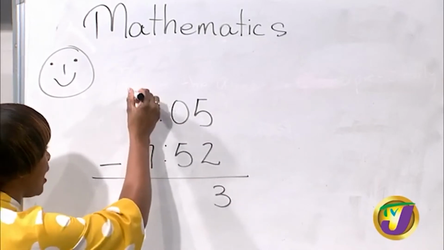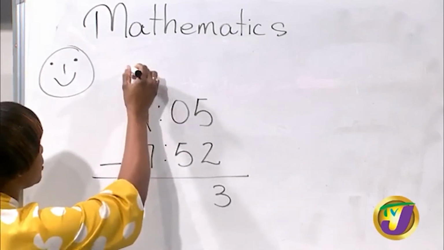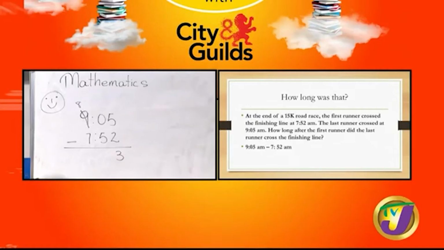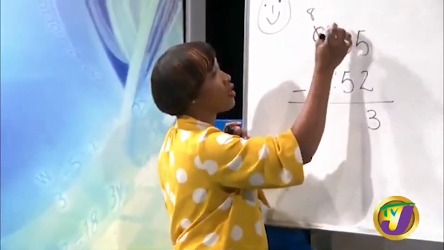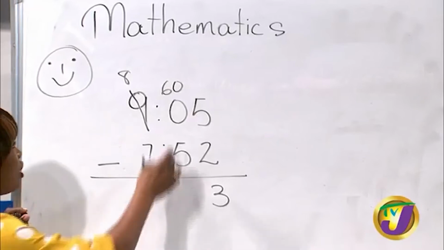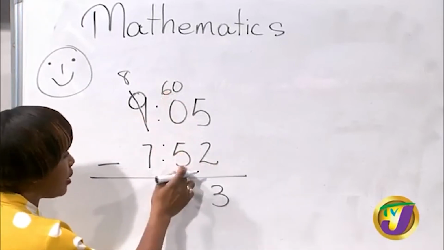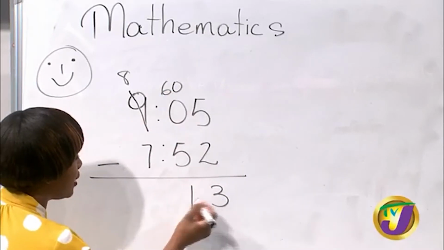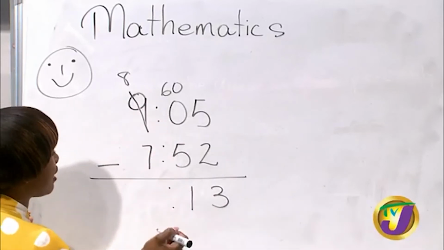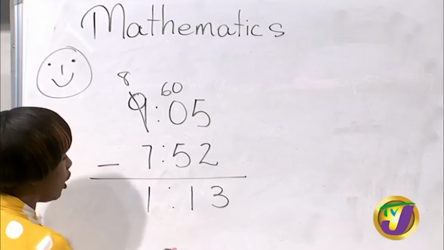So this is our 9 hour, and we are going to take 1 of it. Now, how many minutes make an hour? That's the important question. Correct, 60. So if I regroup one of my hours, I would put it as 60 minutes. 60 take away 50 gives you 10. Then 8 take away 7 would give me 1 hour.